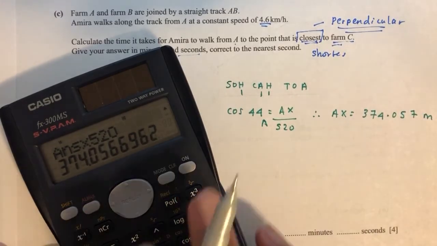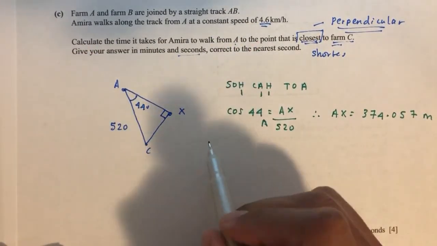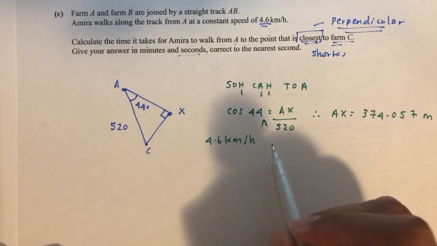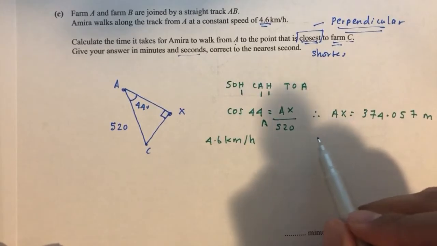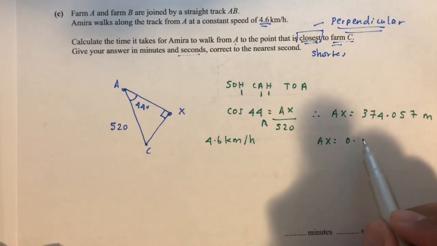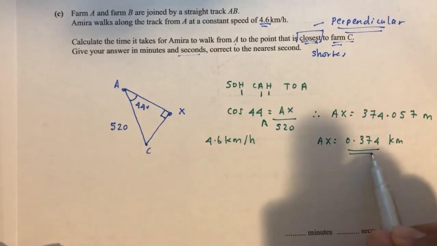That's in meters. Now her speed is 4.6 kilometers per hour, so let's convert this to kilometers. AX is equal to 0.374. We can just write this down to 3 decimals.